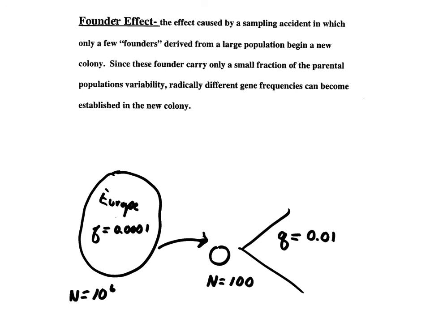You have a small group of English folks coming over and starting a colony here in the Americas. So in that small population of Pilgrims, do you think that they carried with them all of the genetic diversity from the continental population? Of course not, right? And so you have this small fraction of the parental population that comes and starts a new colony population, and that's what's known as the founder effect, and that can dramatically increase the frequency of an allele.